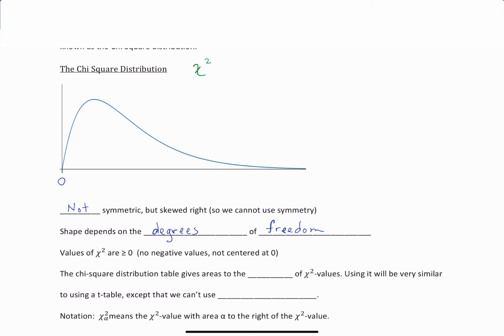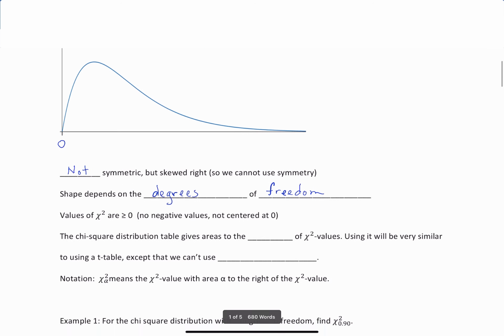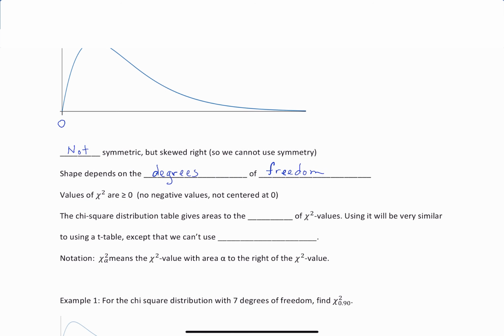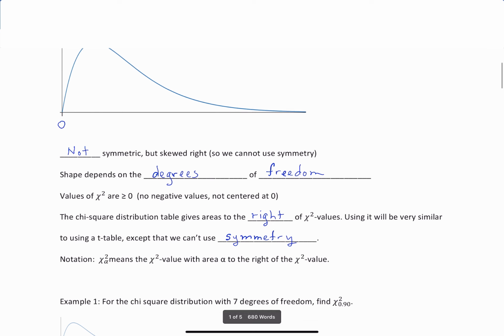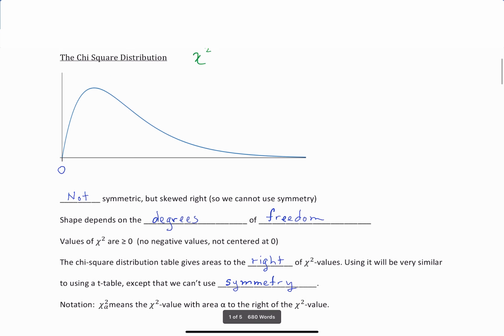The chi-square distribution table, like the t-table, gives us areas to the right of chi-square values. And in fact, using it will be very similar to using a t-table, except that, I'll say it again, we cannot use symmetry because there is no symmetry. We'll use the sub-alpha notation the same way we have in the past with the z and the t.